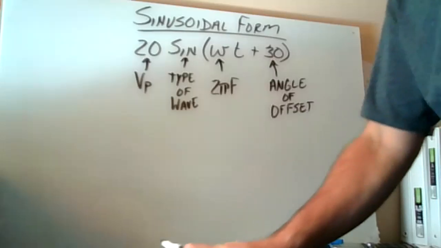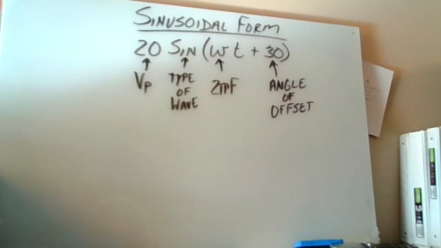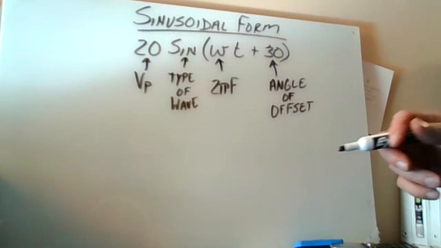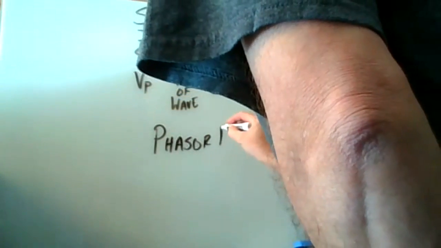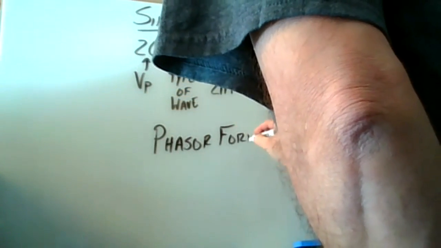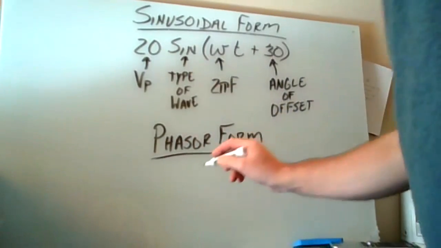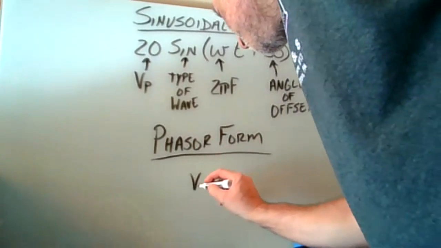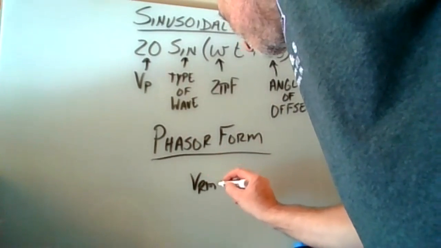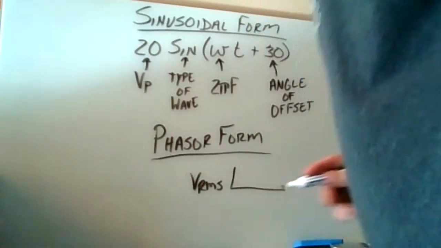So if I give it to you in this, you must convert it to the other form, which is called phasor form. Okay. Phasor form is going to look like this. It's going to be something VRMS at an angle of something.